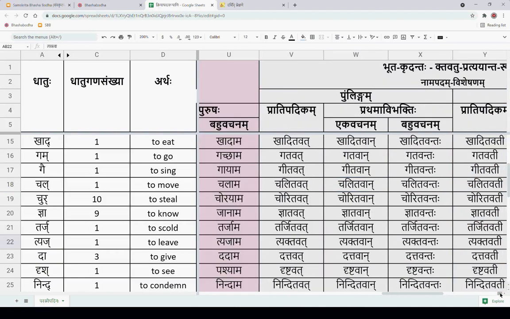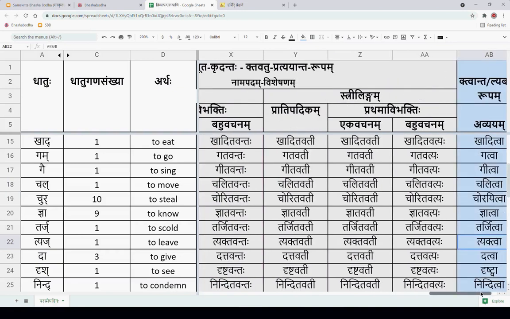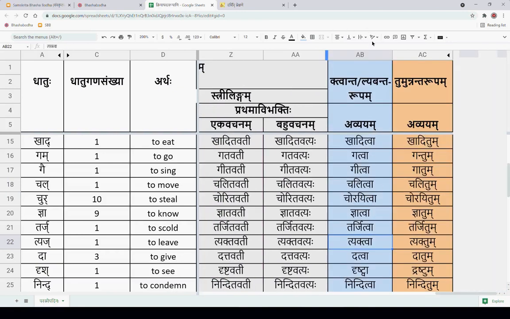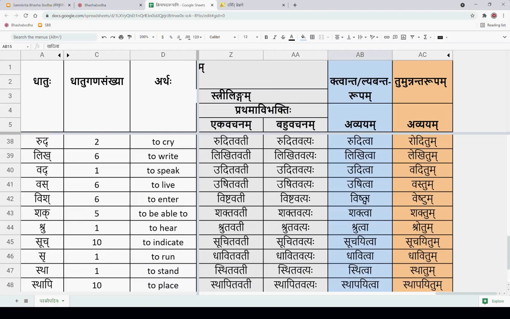In this column, if you look, there is either tvanta or lyabanta. Both are used in the same sense: this action precedes the other action, the main action. If there is an upasarga, you will see the ya; otherwise you don't see ya. Kaditva, gatva is there. Similarly, if only vishati, there is vishtva, but if there is upavishati, it becomes upavishya, etc. Okay.